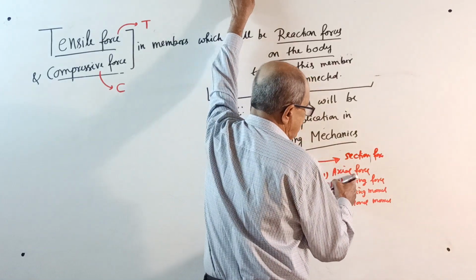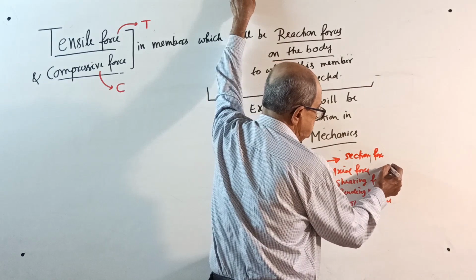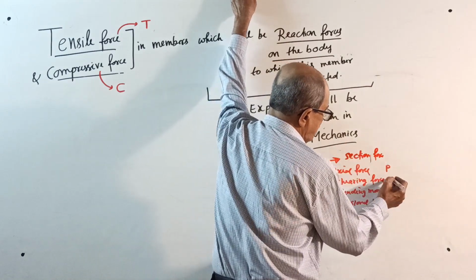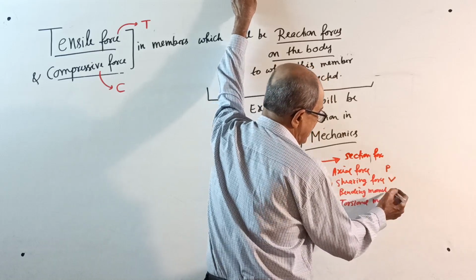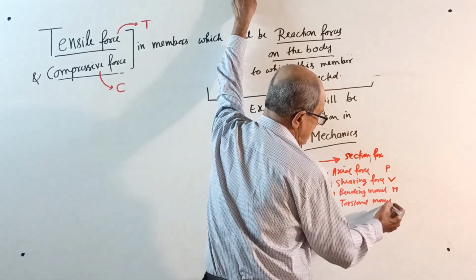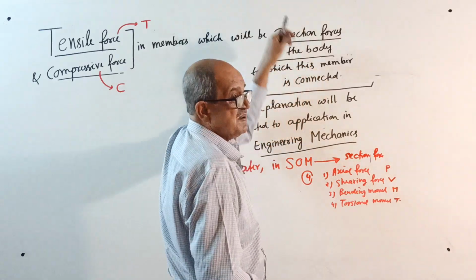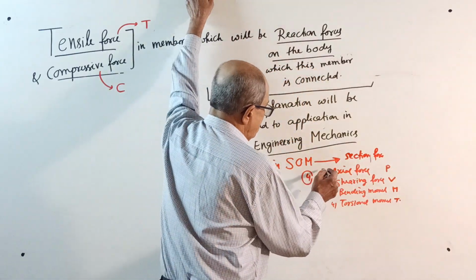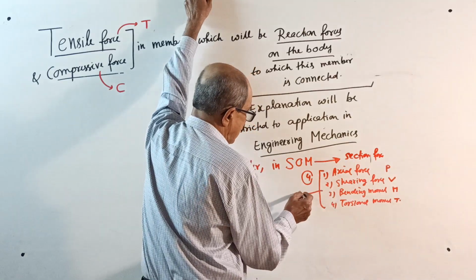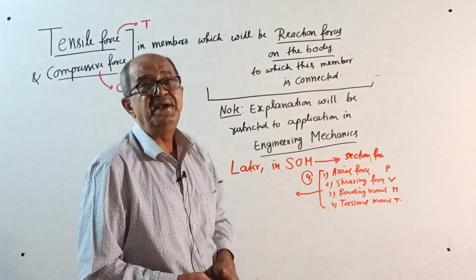At that time, axial force, our symbol usually will be P. Shearing force will be V. Bending moment will be M. Torsion will be T. Remember, these 4 section forces are the basic fundamentals.